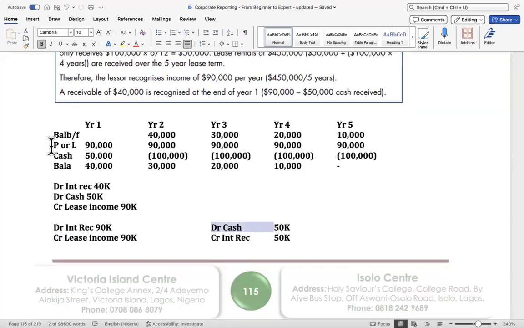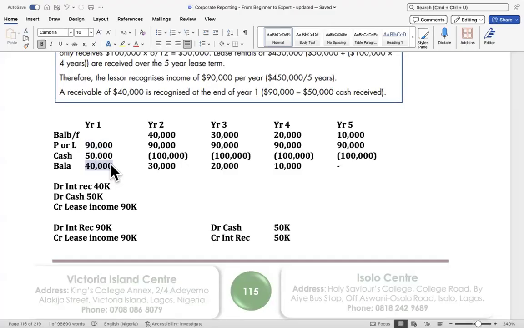Following from your responses, this 90K is what we are expecting, but this is what we got. So that means there's a lease receivable of 40K. While this goes to P&L, this one will be under my statement of financial position. Probably put it in current assets, or you can put it in non-current.